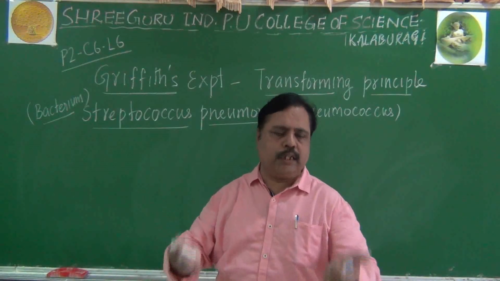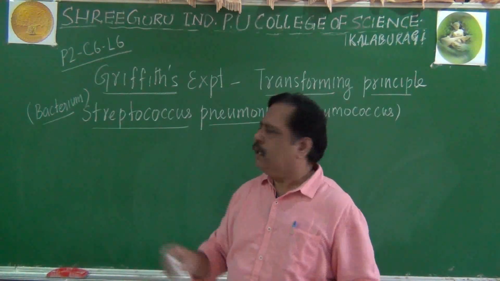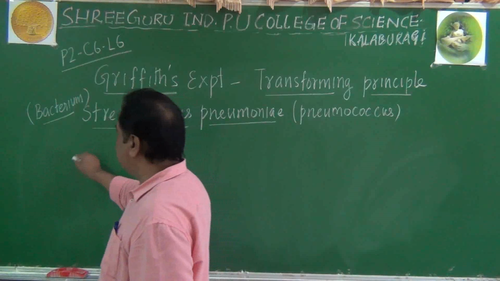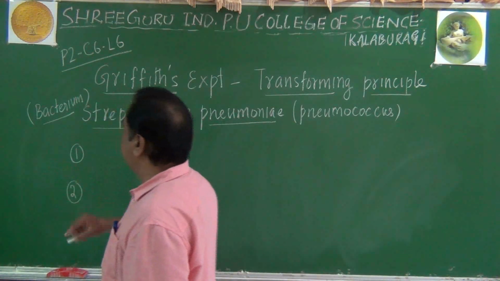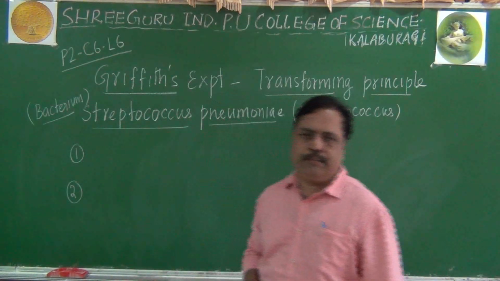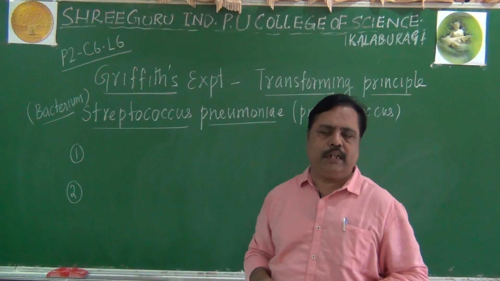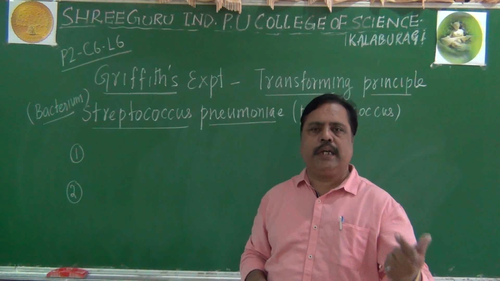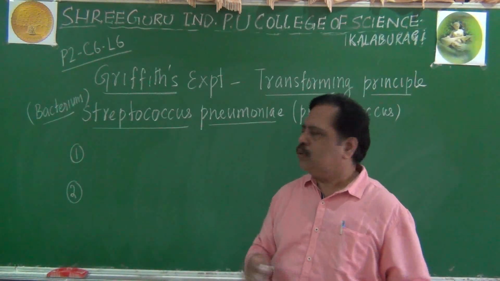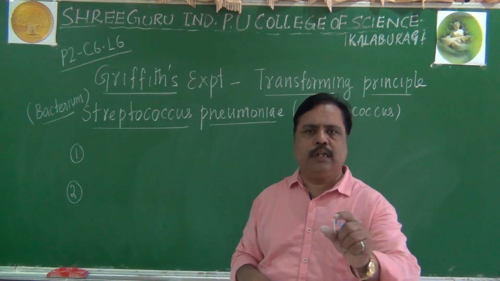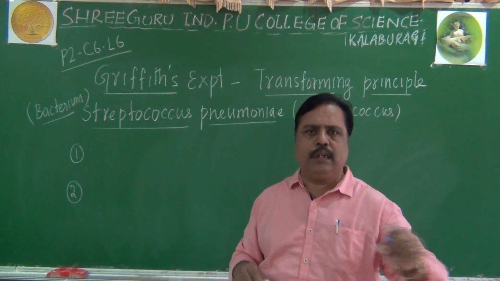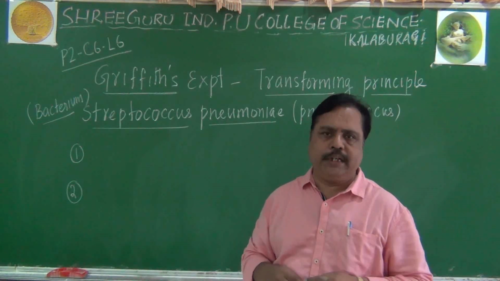In Streptococcus pneumoniae, there were 2 strains observed by Griffith. Strain means types. So two types of bacteria were found in the nutrient medium.